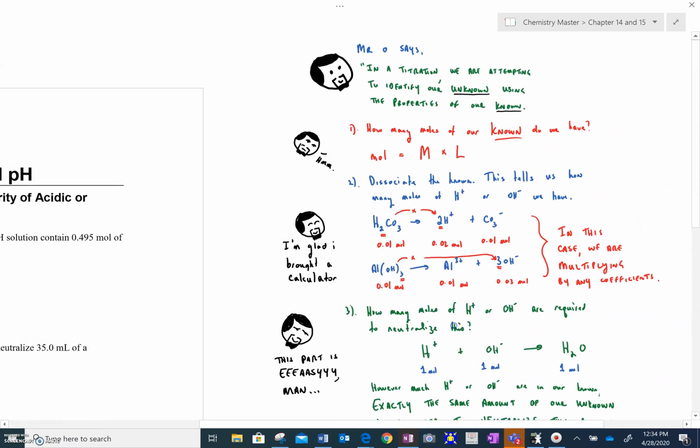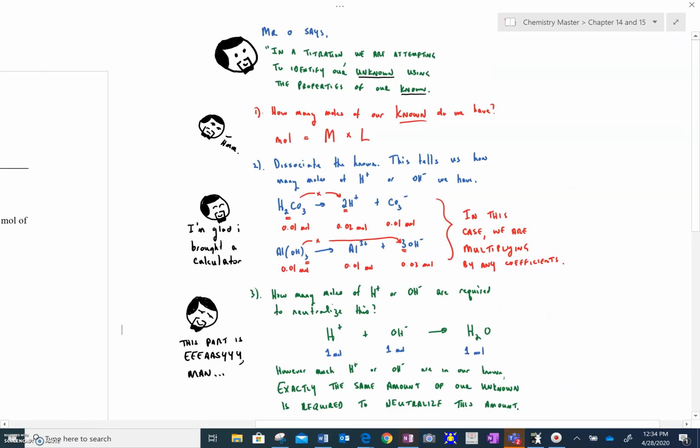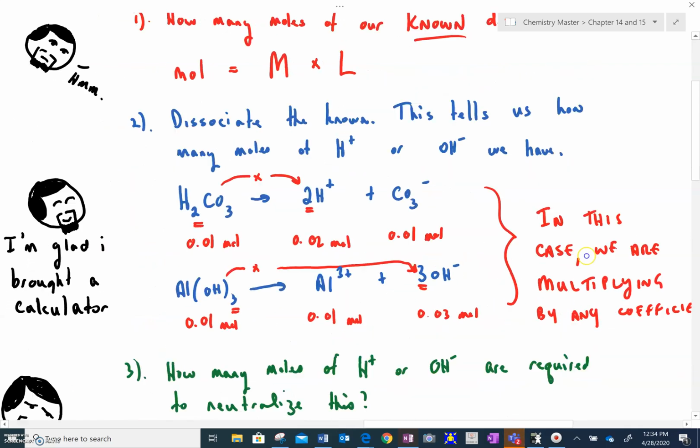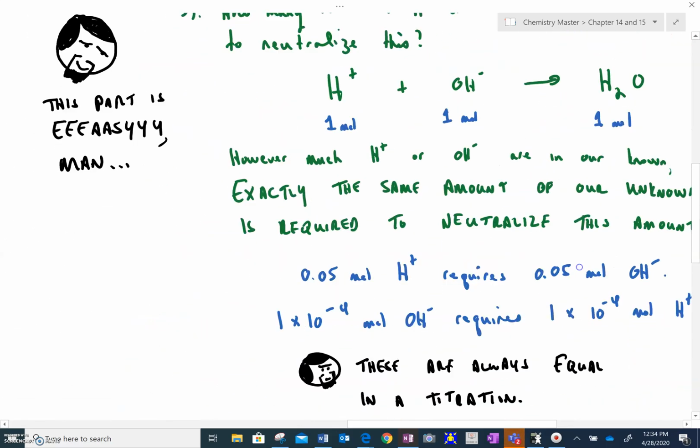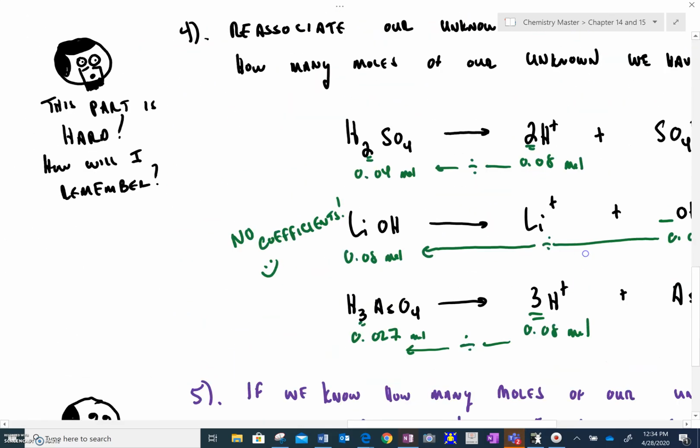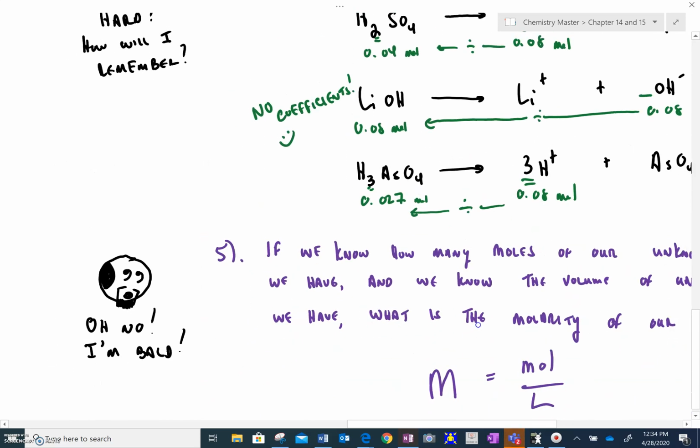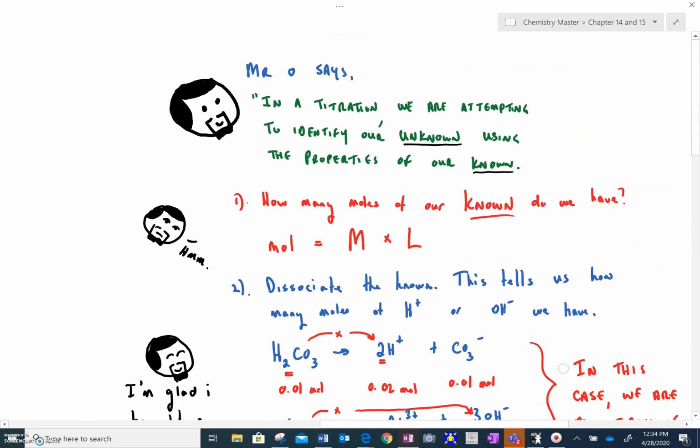So check this out. Here is all the steps for a titration. There are 5 steps. 1, 2, 3, 4, and 5. Okay? So when you are trying one of these, just try these steps. One of these is going to look very familiar.